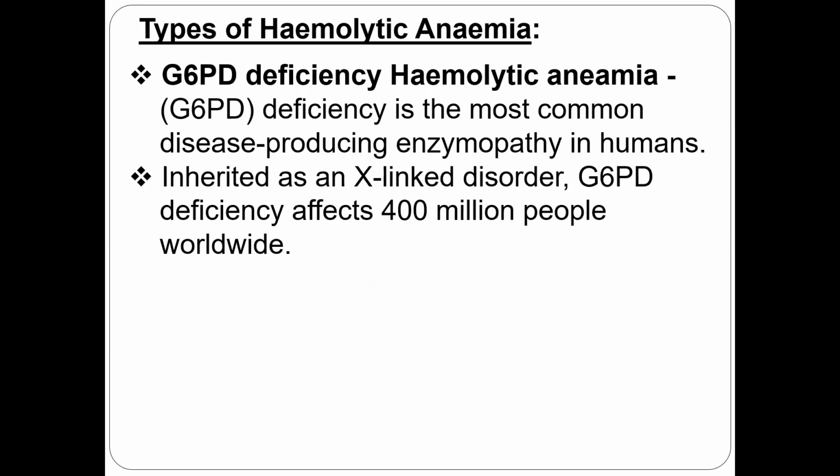When you want to talk about the type, even though we were using the G6PD as a cause, you also have a type like that. So you have G6PD deficiency hemolytic anemia as a type of it. As I mentioned, G6PD deficiency is the most common disease-producing enzymopathy in humans.